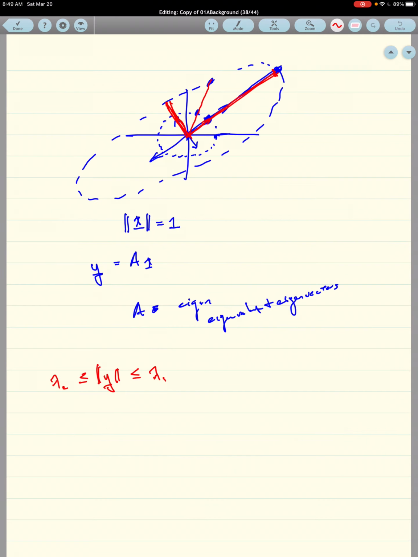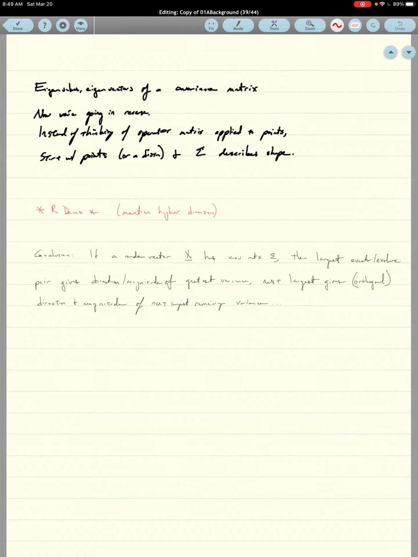And then the last idea is the eigenvalues and eigenvectors of a covariance matrix. And again, there's an R demo for this. But this is kind of the reverse of what we just did.